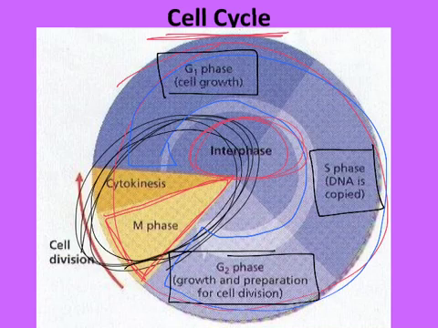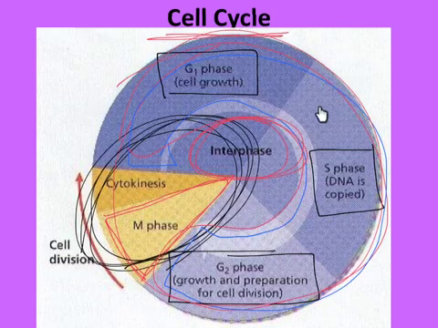All of this here is interphase. I mean, it takes up over 90% of the whole cell cycle. You only have just a short part that's your actual mitosis and then your cytokinesis, and then it starts over again. So a cell will spend the majority of its life in interphase.